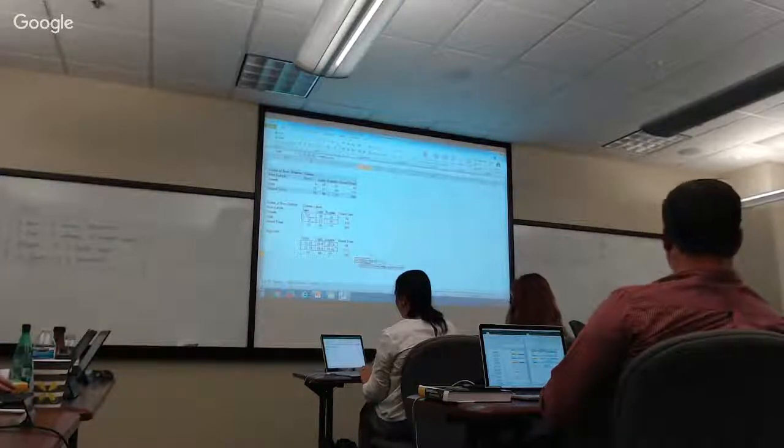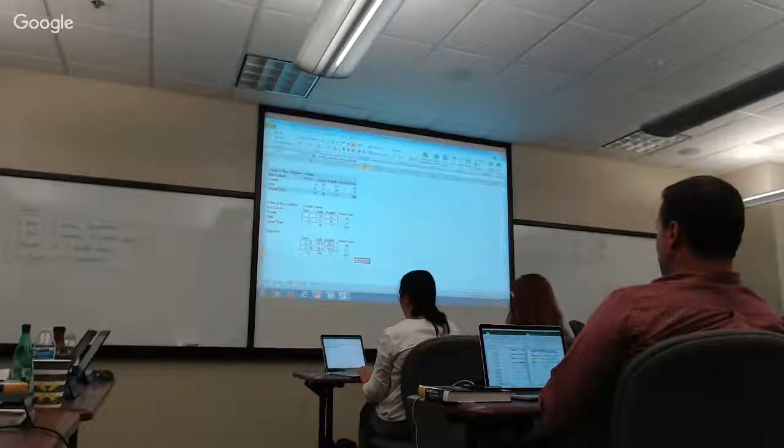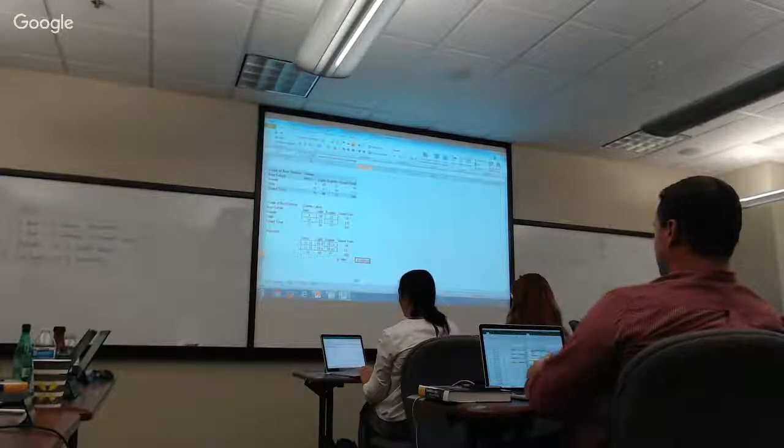The actual range is this. The observed range is that. And we have a p-value, right? This is our p-value. So is that statistically significant?